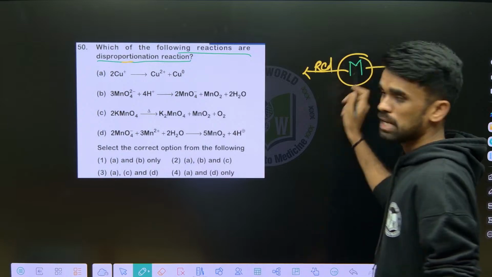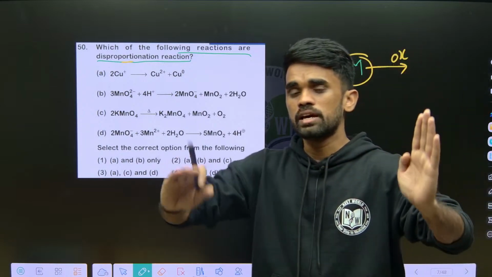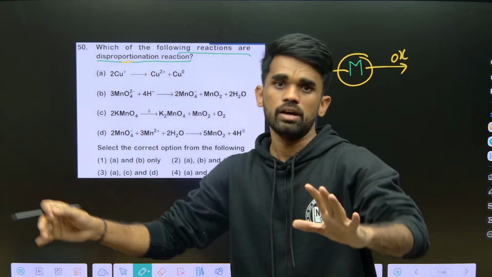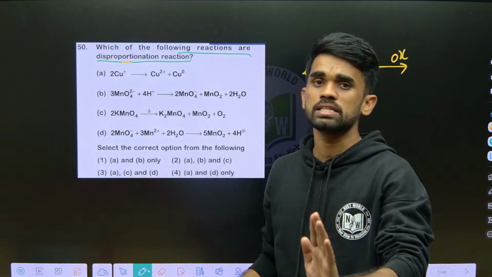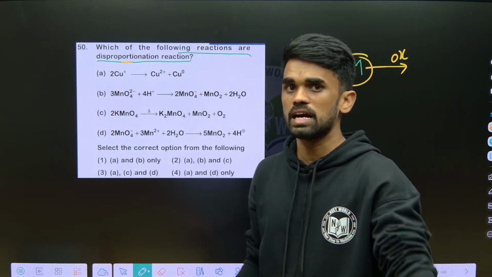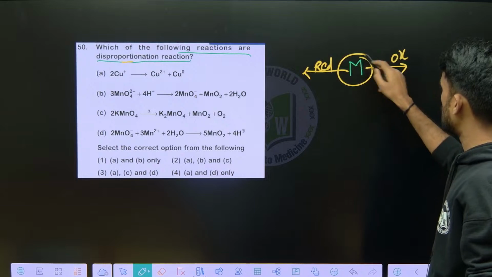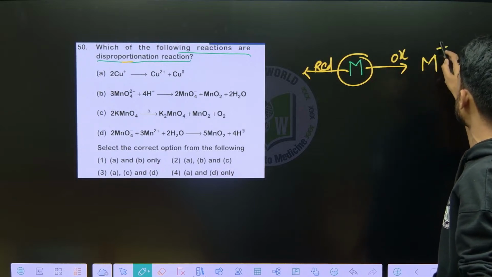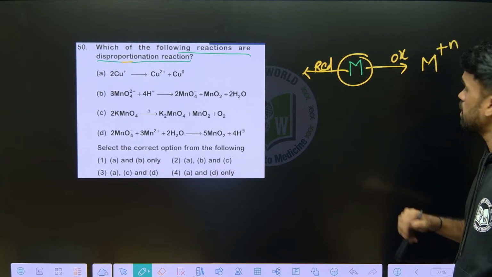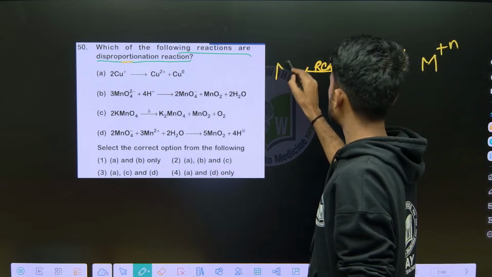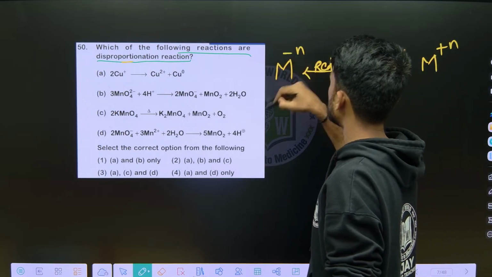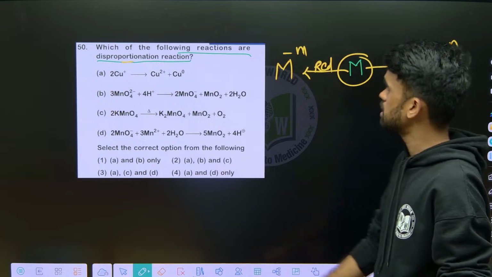If the same element undergoes oxidation and reduction in a particular reaction, then we can call that process a disproportionation reaction. So the same element M should undergo oxidation to some oxidation state, and again undergo reduction to another.